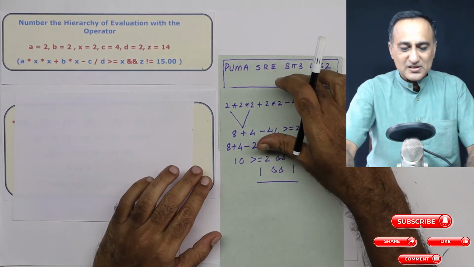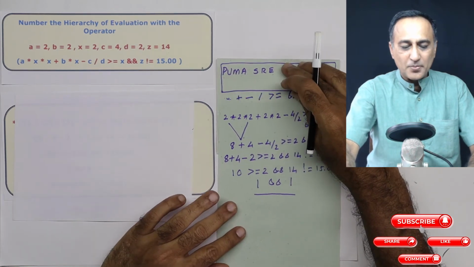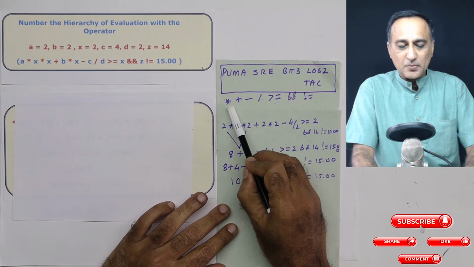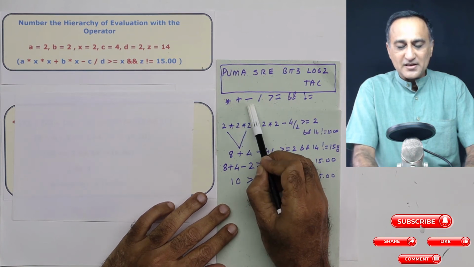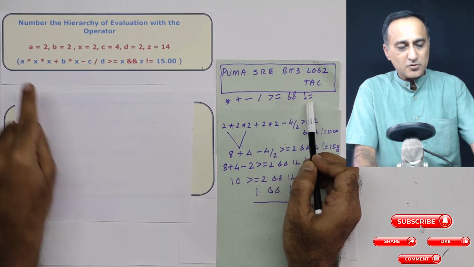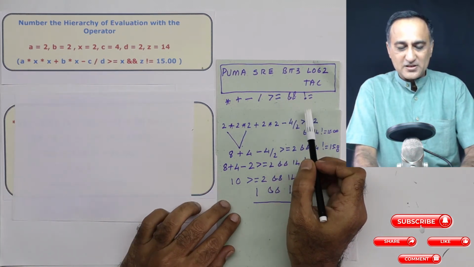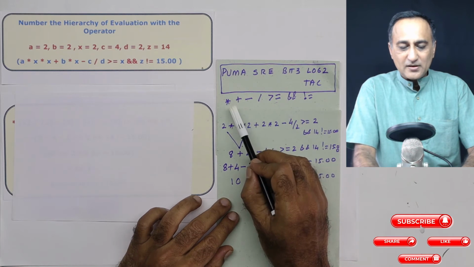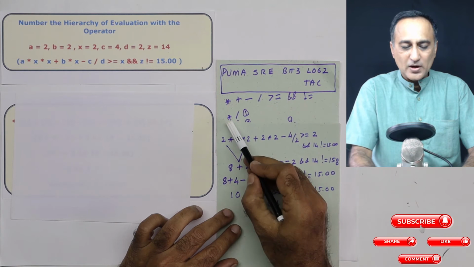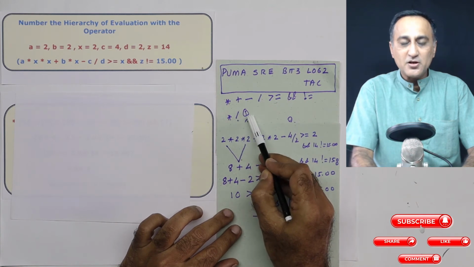The first step is to identify all the operators. The operators are multiplication, plus, minus, division, greater than or equal to, logical and, and not equal to, in the order of their appearance. Now if I look at the precedence, multiplication and division will have the highest precedence, so I list them as number 1.